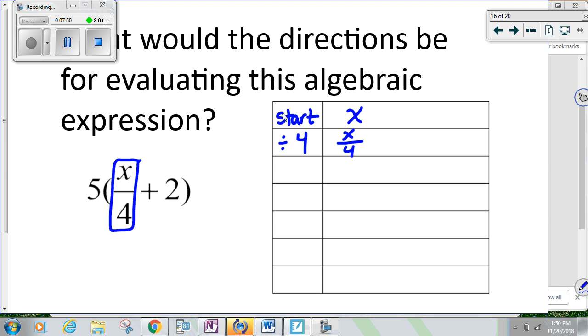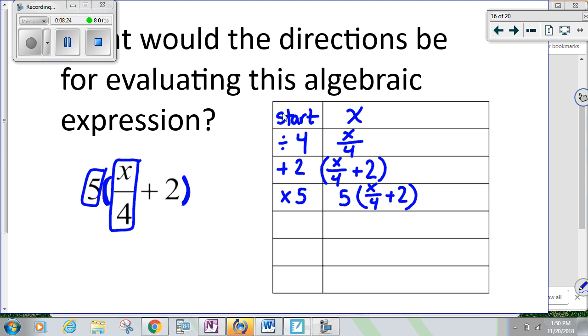What does it look like is the next thing I did? Because I have these parentheses here, it looks like inside of there I would have added 2. My next step is to add 2. So x divided by 4 plus 2. So put that in parentheses. And finally, it looks like with everything that's in those parentheses, I multiplied by 5. So I have 5 times x over 4 plus 2.